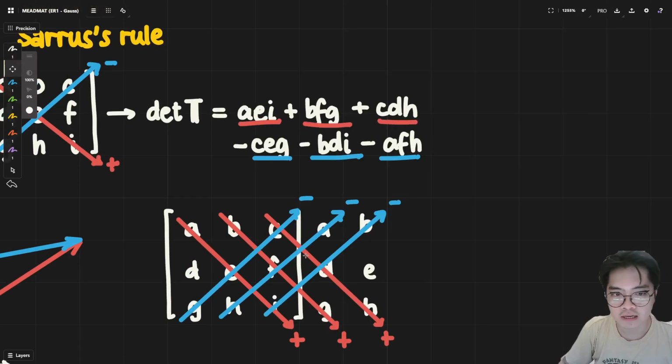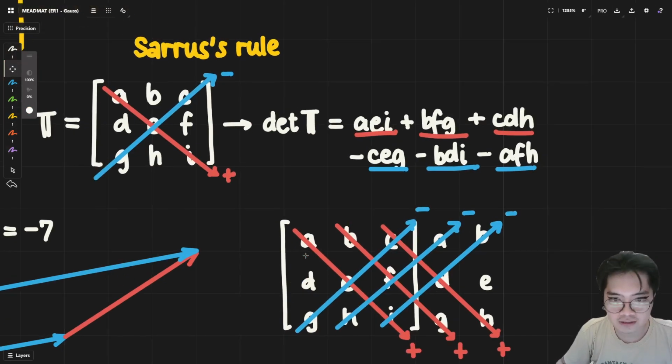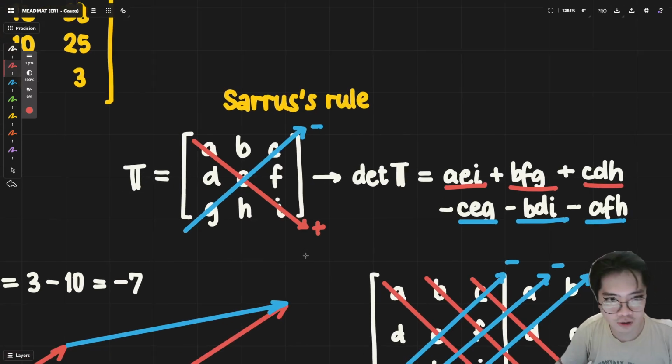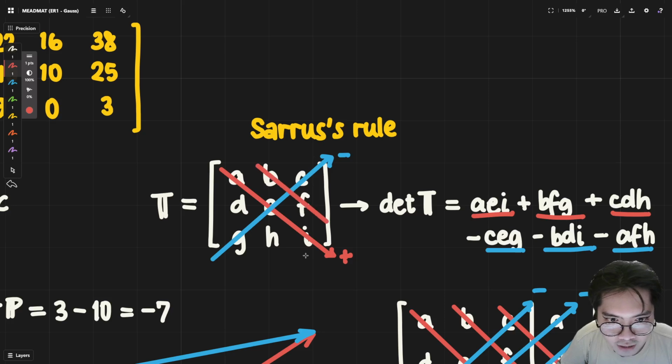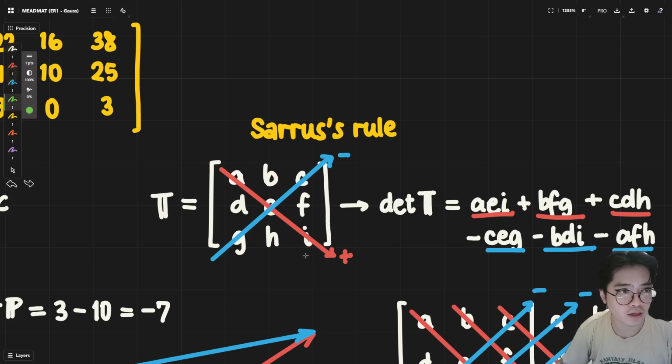AEI, BFG, and CDH. Essentially, I can do this because I can see a kind of teleportation. Say, for example, if I write down this diagonal, it can teleport to the other side here. So that is a positive. And this one, let's color code it with orange. This thing will teleport to the other side.